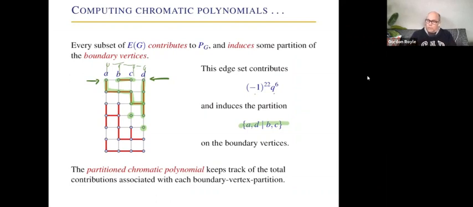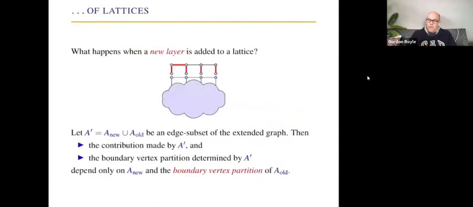Okay, why do I want to do that? The answer is that when I add a new layer to the lattice, so here I'm going to glue, this is the new layer coming on. These two are going to eventually dock, and what looks like 8 vertices is just going to be 4 vertices.